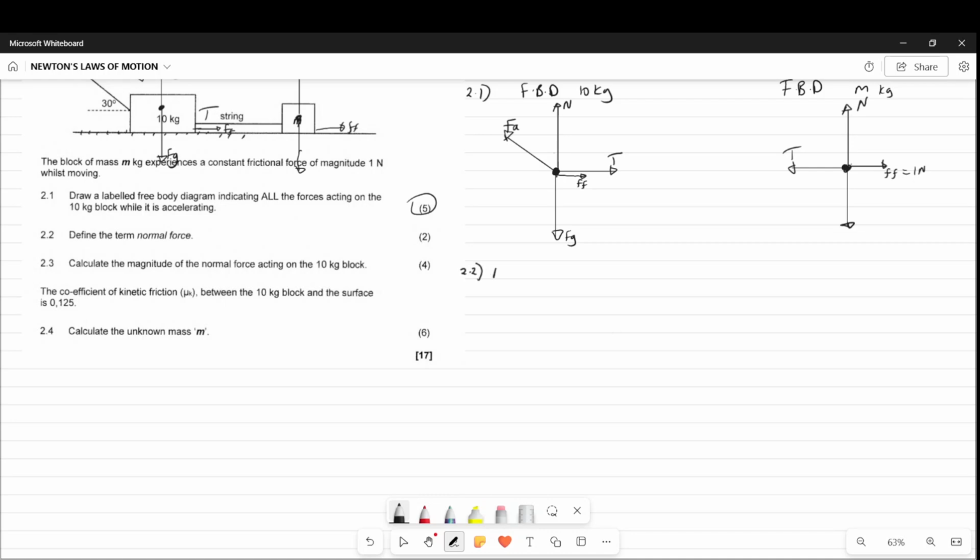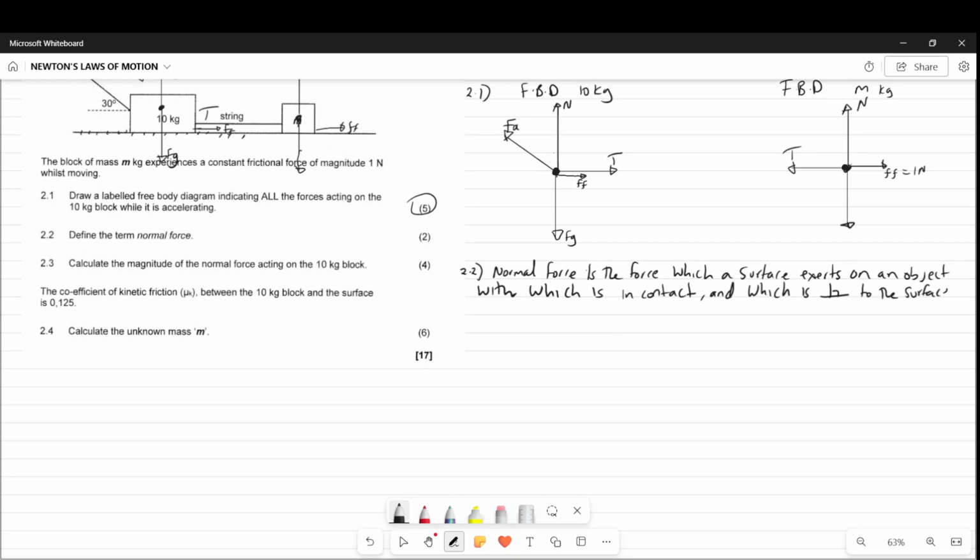We can say normal force is the force which a surface exerts on an object which is in contact, I'll explain this, and which is perpendicular to the surface.